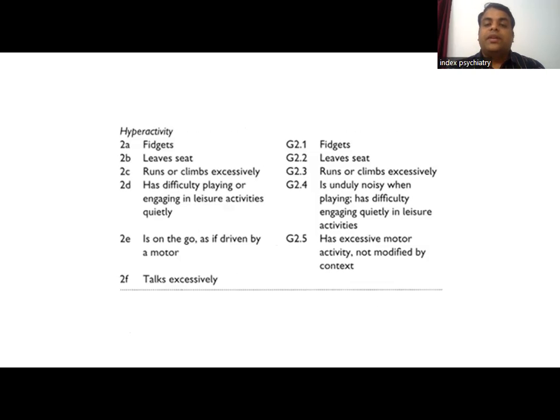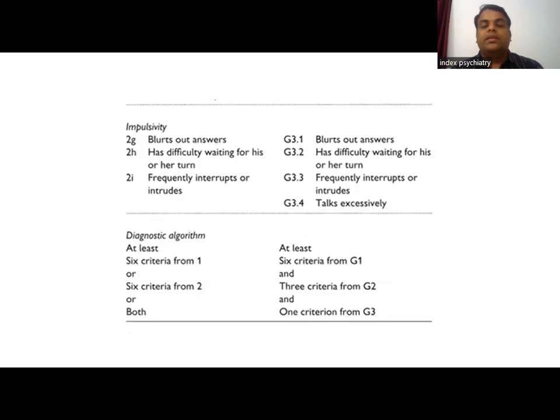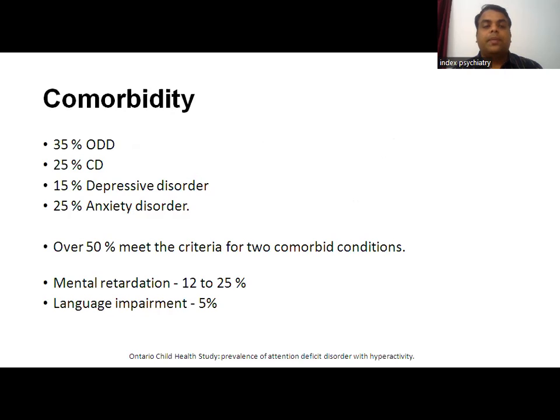Forgets, leaves seat, runs or climbs excessively, is unduly noisy when playing, has excessive motor activity. These are some points regarding impulsivity: blurts out answers, has difficulty waiting for his or her turn, frequently interrupts or intrudes, talks excessively.